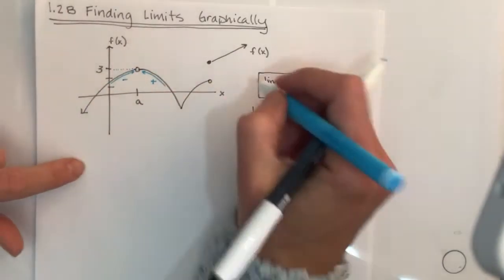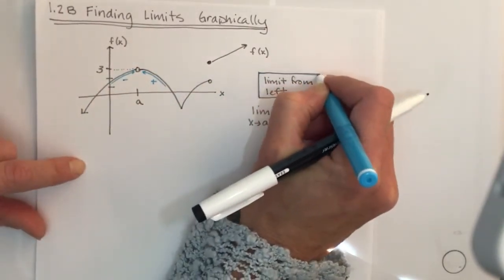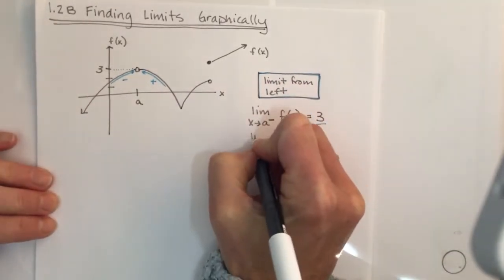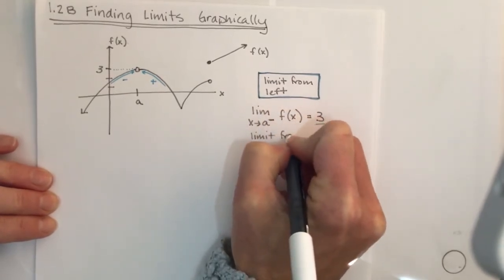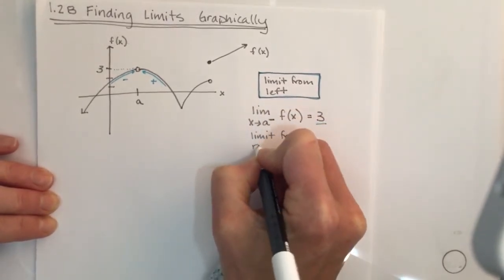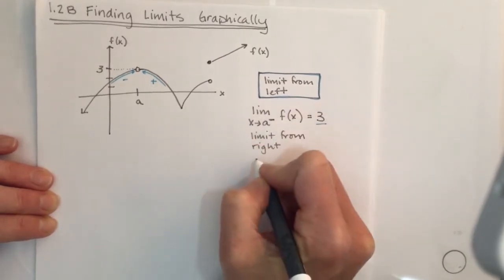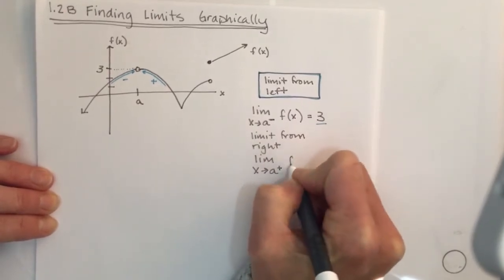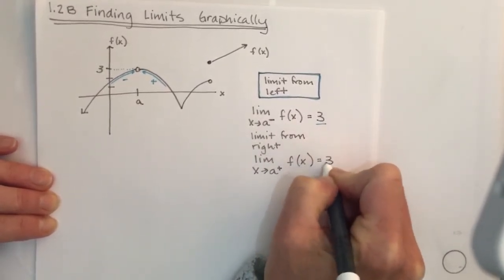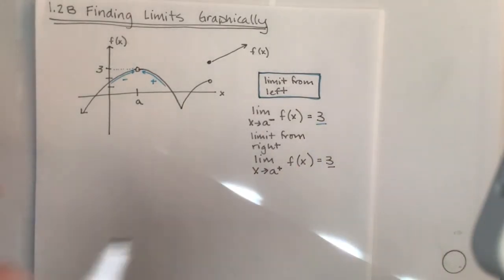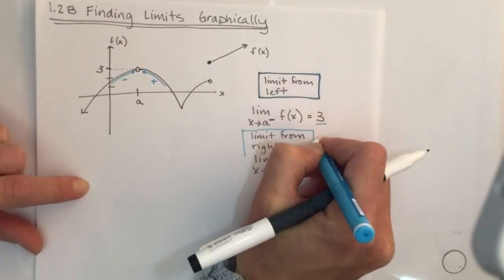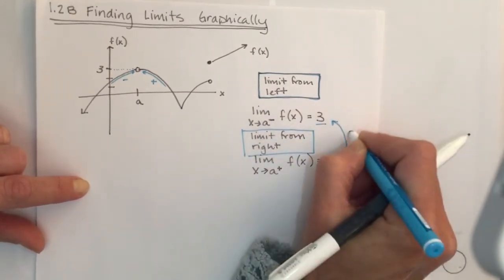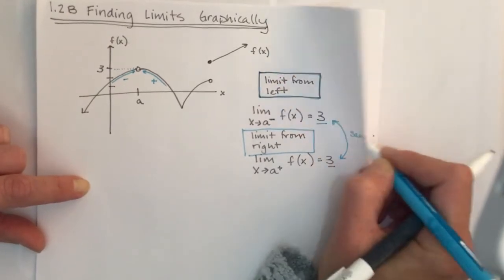So the limit from the left is 3, and the limit as x approaches a from the positive side of f of x is also equal to 3. That's important, right? We have the same answer. If you get the same answer, the limit exists.